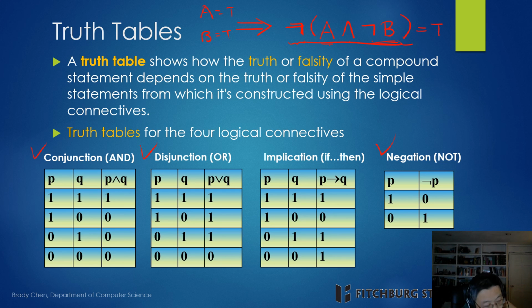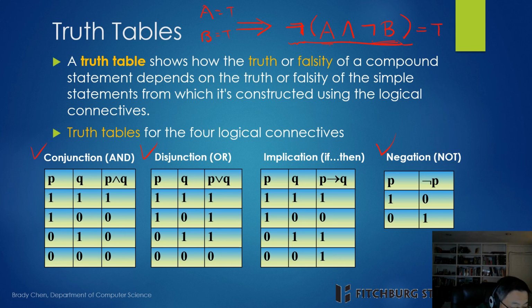Now, P and Q means that if P is a true statement and Q is a true statement, then P and Q is also a true statement. However, if one of the propositions is false, that is, either P is false or Q is false, or both statements are false, then P and Q is false. It's kind of like common sense, right?